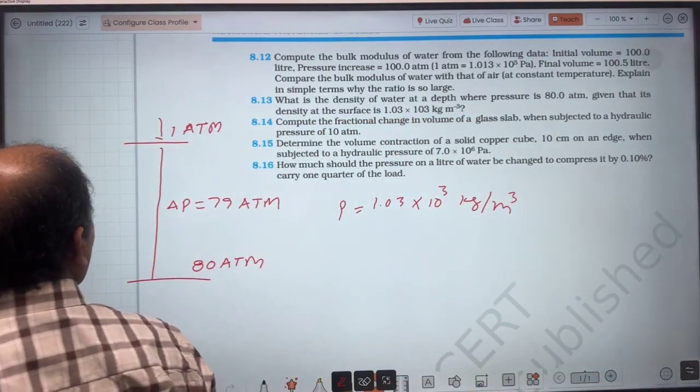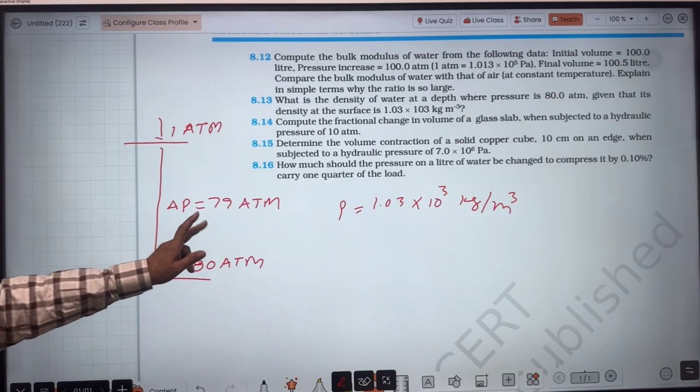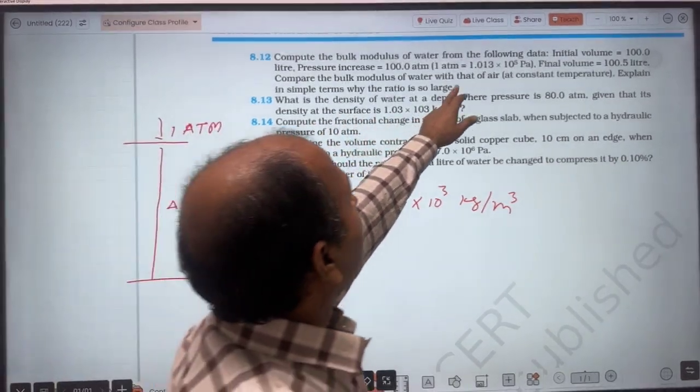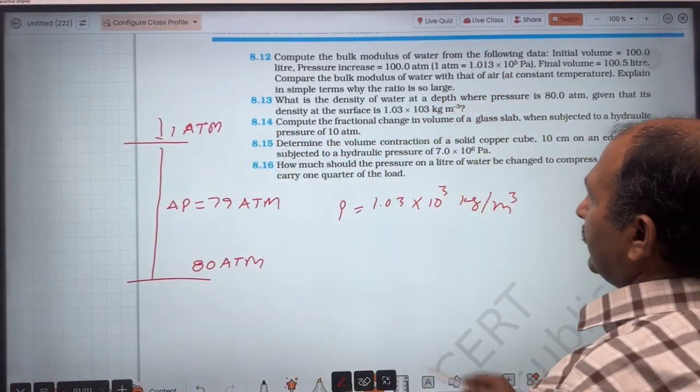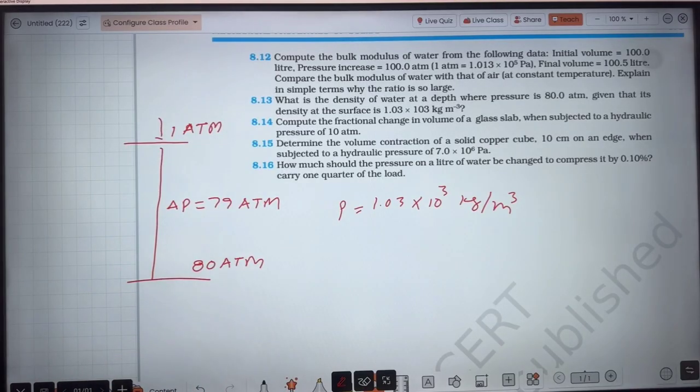Right. Up to here, there is no problem. So 1 atm value of 1 atm is 1.013 into 10 to the power 5 Pascal. We can write this. So let's solve it systematically.